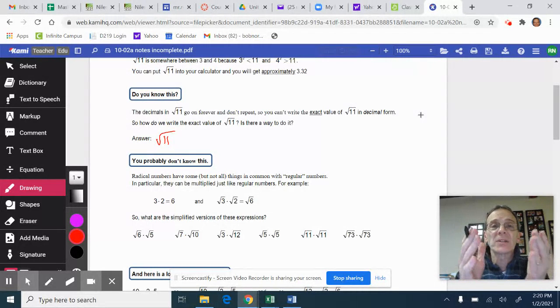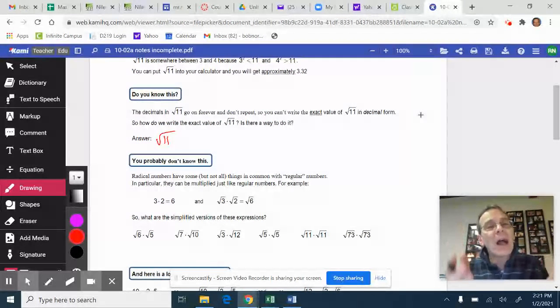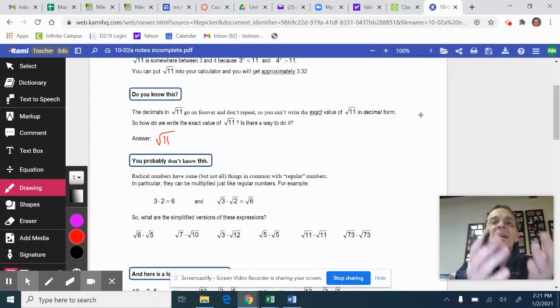As soon as we change it into a decimal, we're going to have to throw away some decimal places, really most of the decimal places, and then we have only an approximate value of the square root of 11. So there is no way to simplify this without throwing away the precision.